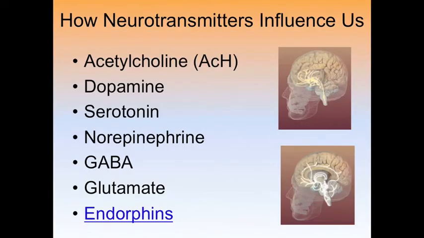I told you there's a bunch of different types of neurotransmitters, and this is something that you're going to have to know. Not all of them, but the ones that really relate to psychology. Here are just a few. If you want to follow along in your book, there's a really good table on page 57 that shows you what each one of these does. Acetylcholine is one that we understand a lot about.